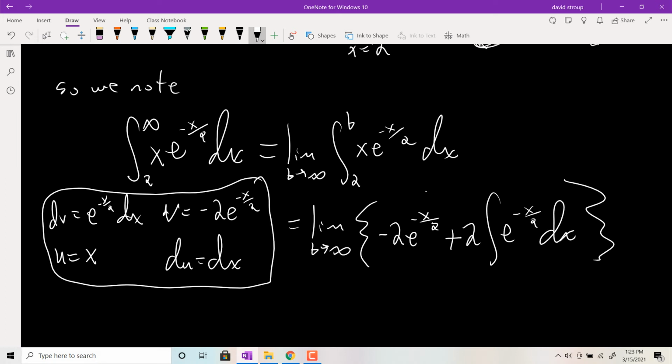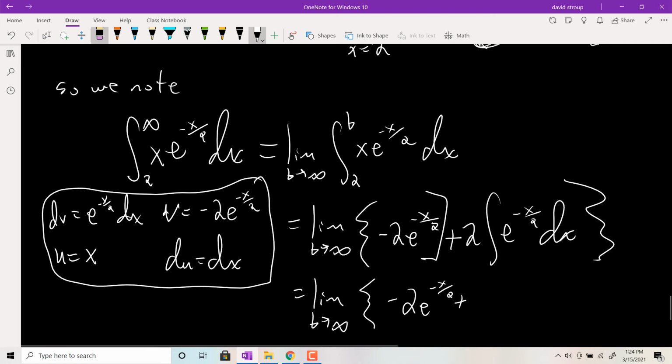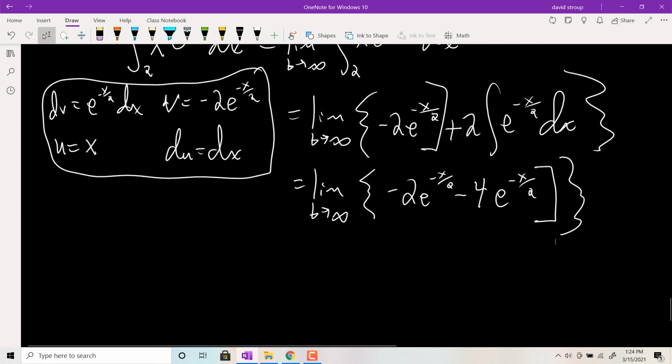Okay. And I have to remind myself to evaluate. This will be the limit as b goes to infinity of negative 2x e to the negative x over 2, and then there'll be an extra constant of 2, so this will become minus 4e to the negative x over 2, evaluated from 2 to b.